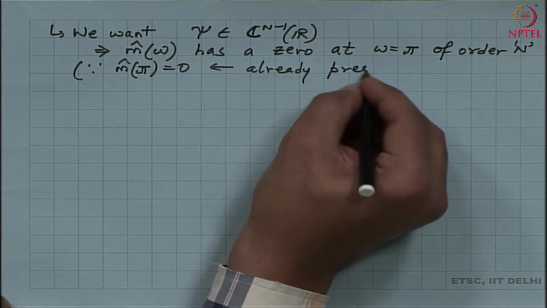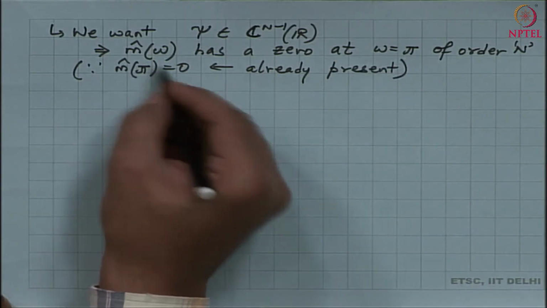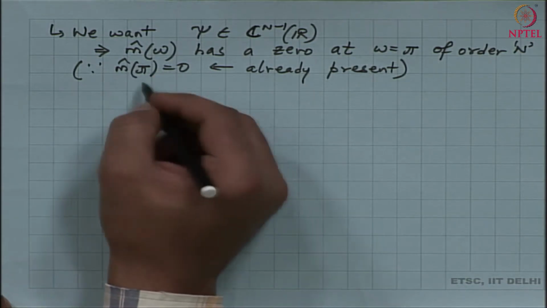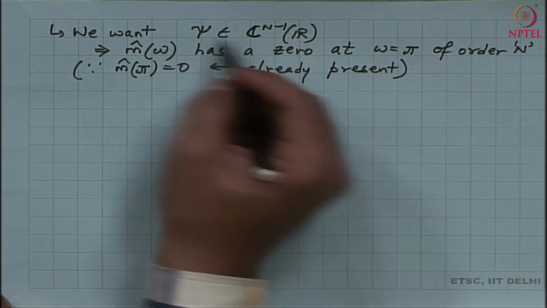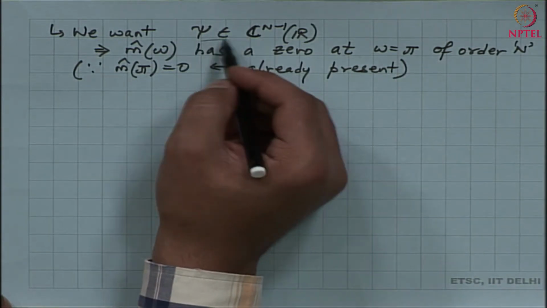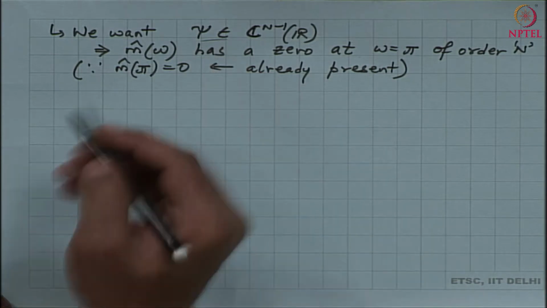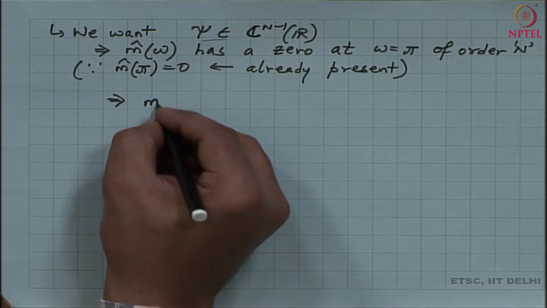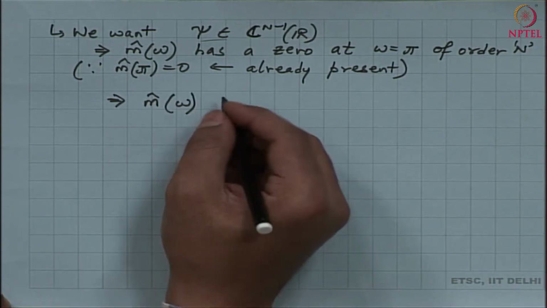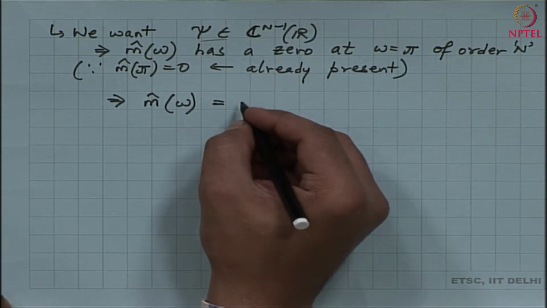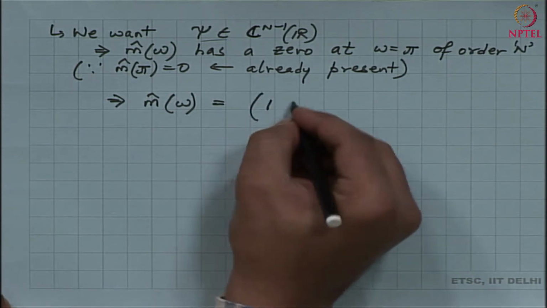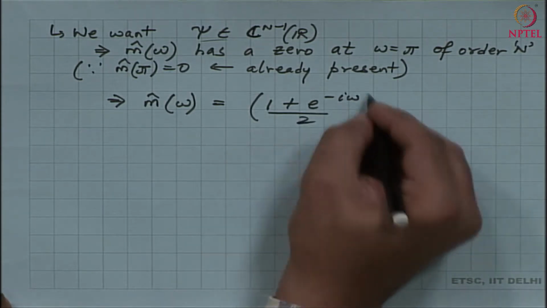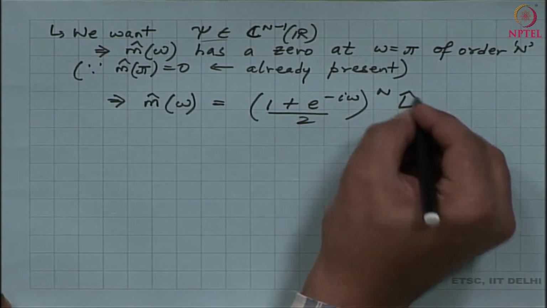Since there is one root at pi already present, if I impose another requirement that this root is of order n, then I can get my original function to be n minus 1 times continuously differentiable. So, I can describe my associated generating function as follows: e to the power i omega by 2, to the power n, times L hat omega.